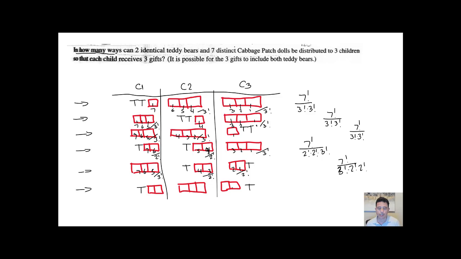Finally, the last case, sixth case, 7, 6, 5, 4, 3, 2, 1, divided by 2 factorial, 3 factorial, 2 factorial, right? All right, so these are different cases. So I'm going to add this up. Okay.